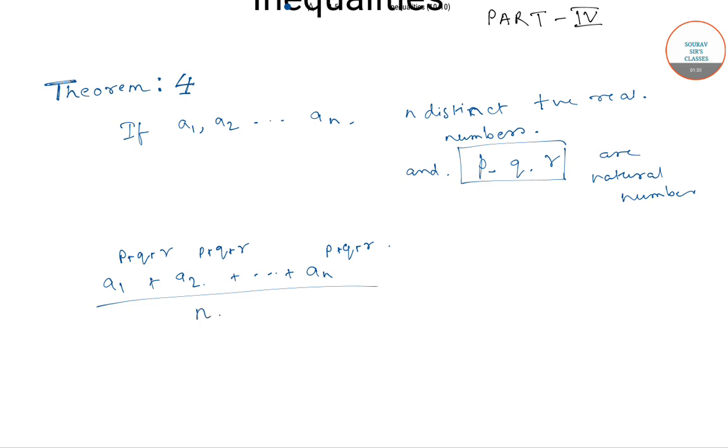So basically it is the arithmetic mean of the P plus Q plus Rth powers of the n distinct positive real numbers.